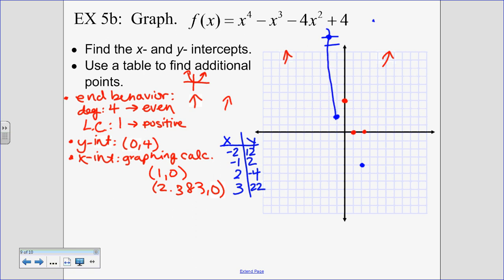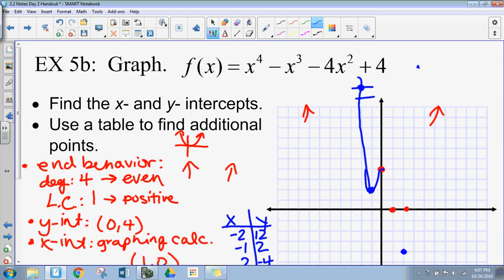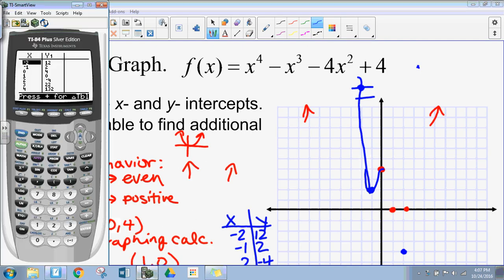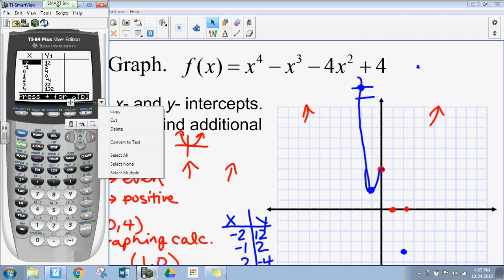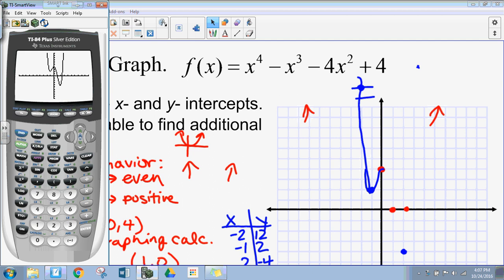and then it kind of curves around here. If you look back at the graph, it kind of curves up. So you go back to the graph that was on our calculator. This is what it looked like. So we're kind of trying to sketch that same thing.